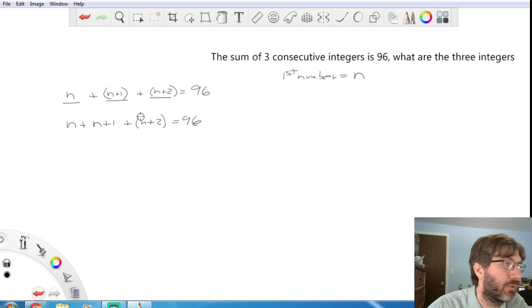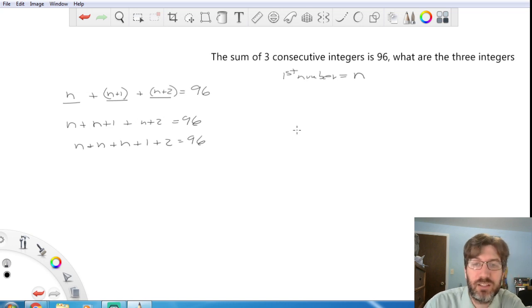So let's get rid of those parentheses. And then, again, everything's addition, so everything is commutative, so I can rearrange this any way I want. So I'm going to rewrite this as n plus n plus n plus 1 plus 2 equals 96.